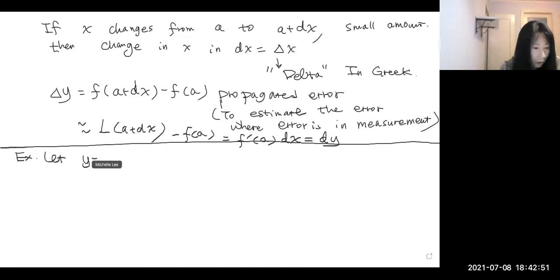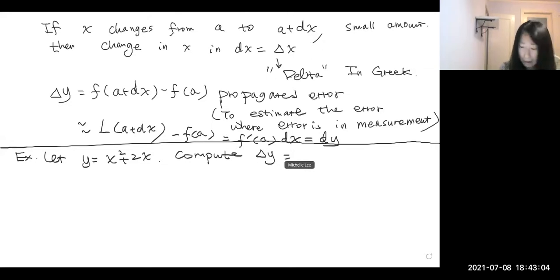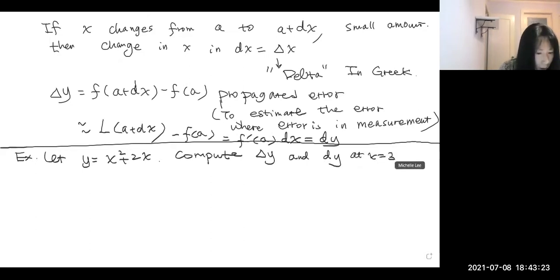Right. y equals x squared plus 2x. Compute delta y and dy at x equals 3, if dx equals 0.1.